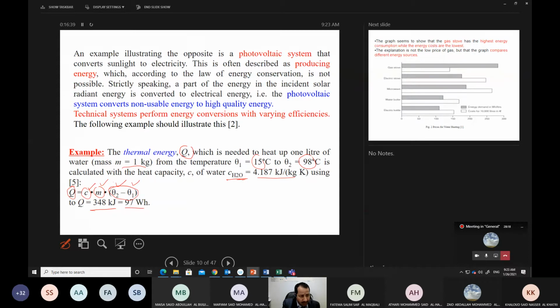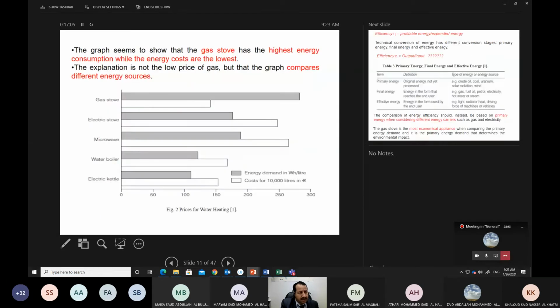This is in kilojoule. I will convert it into watt hour. You have the table, you can convert. It is 97. Okay, now easy. This 97 watt hour to heat 1 kilogram of water could be delivered through different sources of energy. I can heat it by electrical heater, by electrical stove, by gas cooker, in different ways.